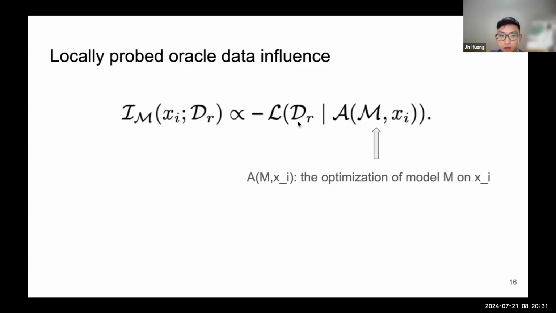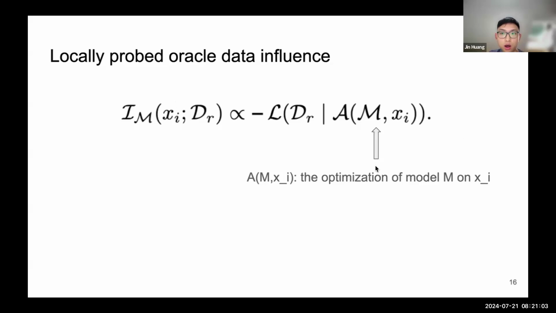loss of this. I mean, recall that the AMXI here is optimization of the model M on a specific data point XI. So basically, we can use this loss of this one epoch training of the data point XI on this reference dataset as an approximation for this Oracle data influence.